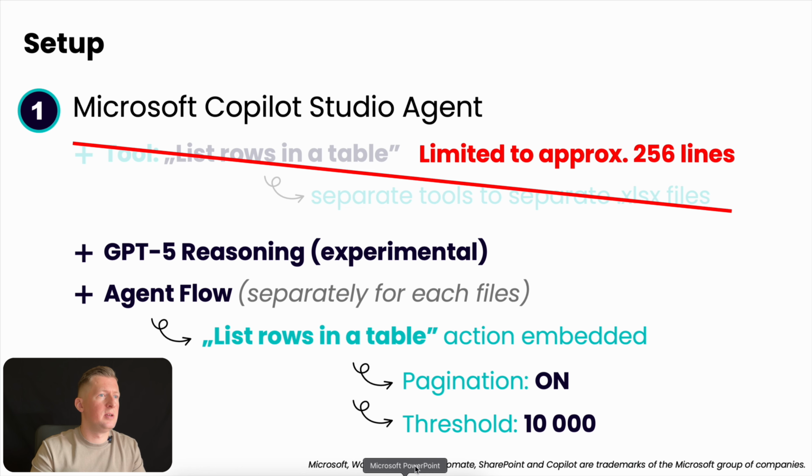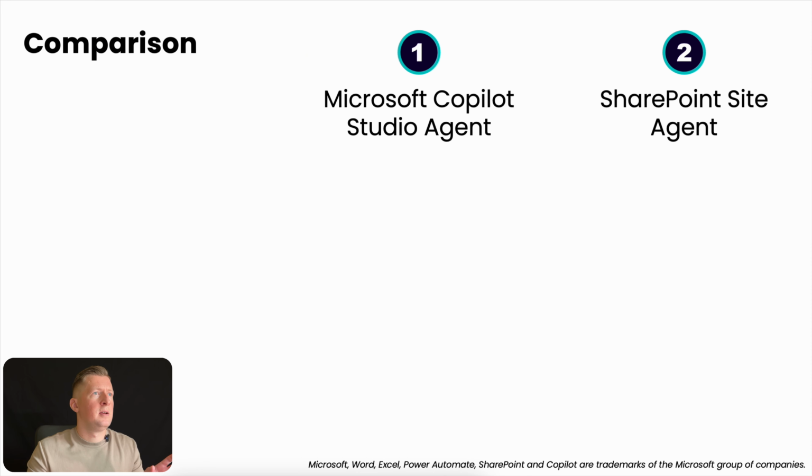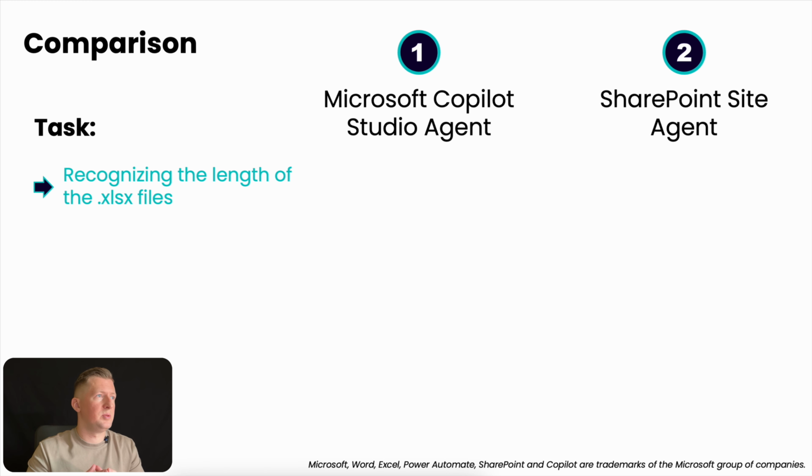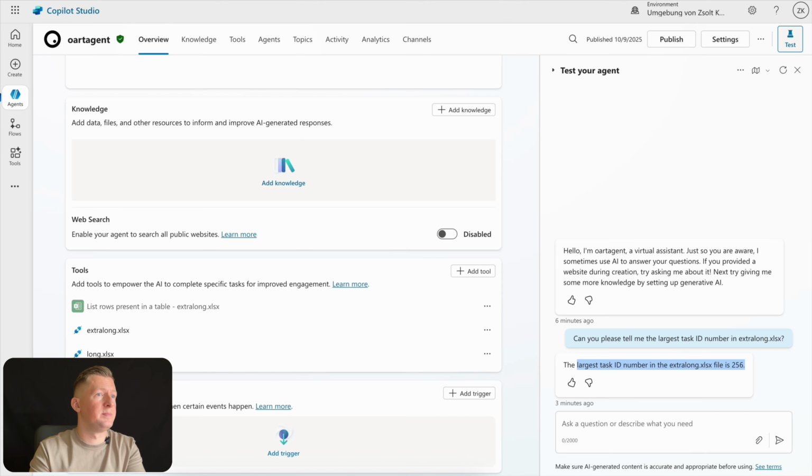And I'm doing almost exactly the same tests that I did in my previous video. We have the Copilot Studio agent and the SharePoint site agent. And the first task to do is to recognize the length of the online Excel files. For this, I'm using the same prompt for both agents, and let's start with the Copilot Studio agent.